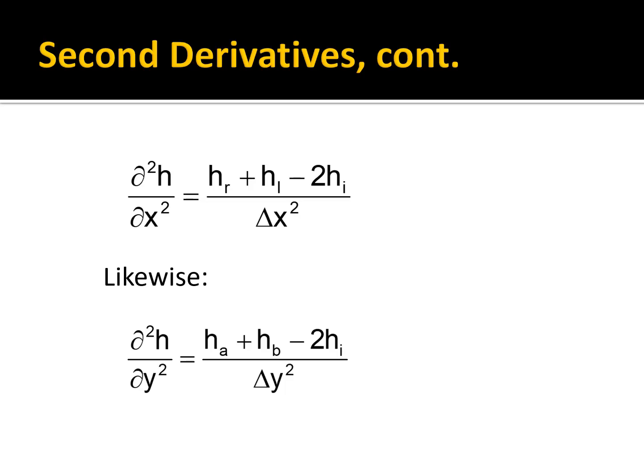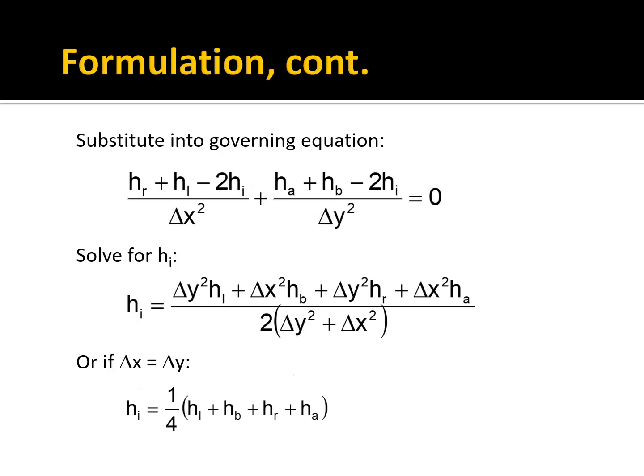These are the two components of our governing equation, so we throw those into our governing equation, second derivative for x, second derivative for y, and again, our objective here is to get an equation for H sub I. So now we have an equation for HI that is a function of HL, HR, HA, and HB.